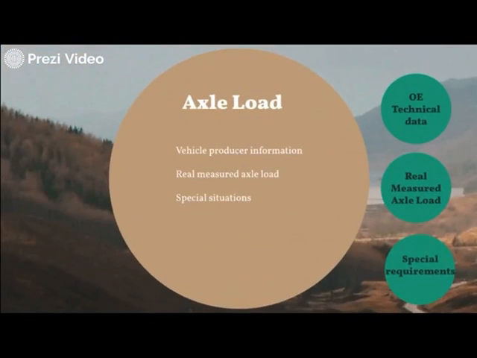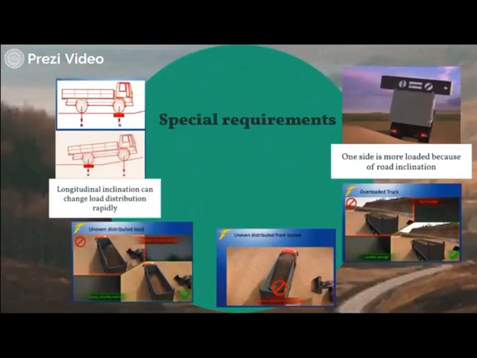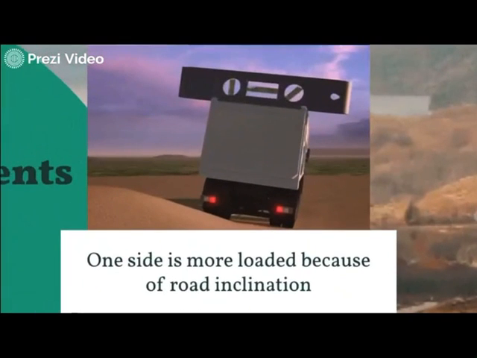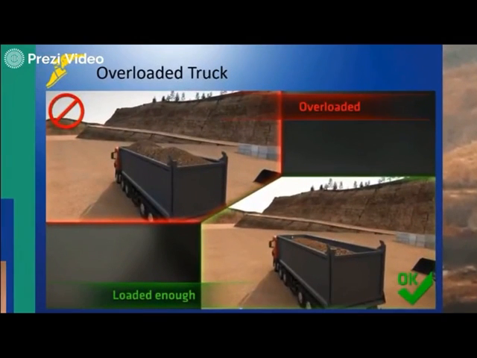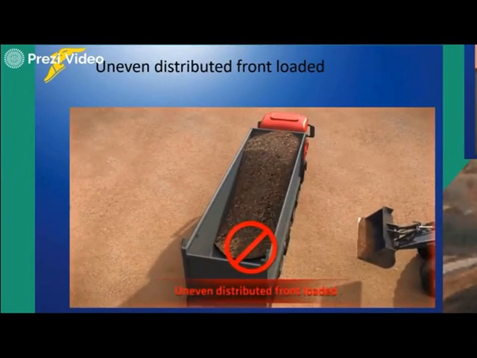And there are special requirements which we cannot forget. First, it can happen that one side is more loaded because of road inclination, or the truck is overloaded, or uneven distribution, front loaded.